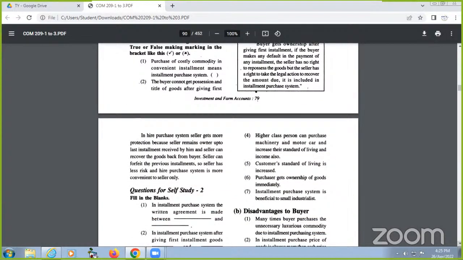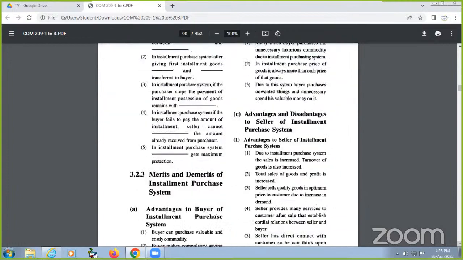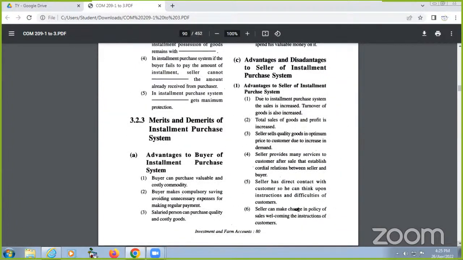So this installment system, you know very well. When we buy any vehicle, at that time we purchase on installment. If we buy a two-wheeler bike, we ask the shop person, and they suggest that you make an installment system.